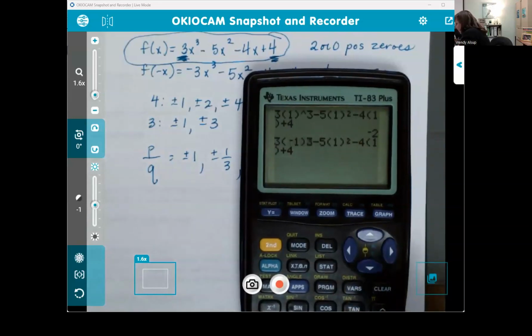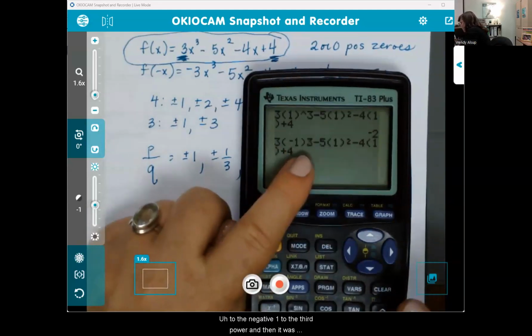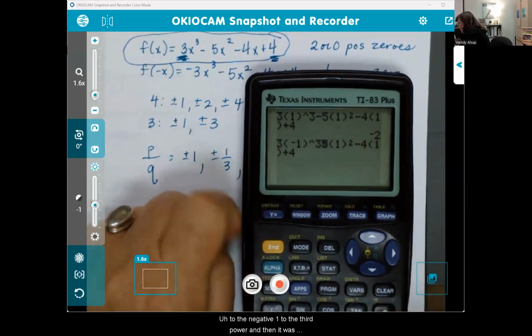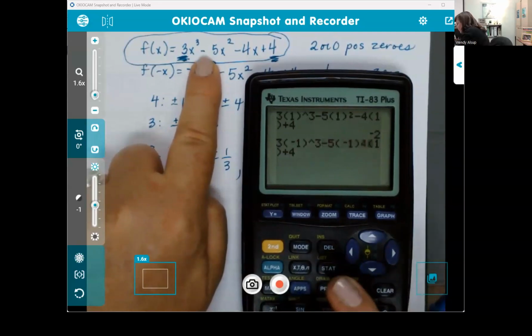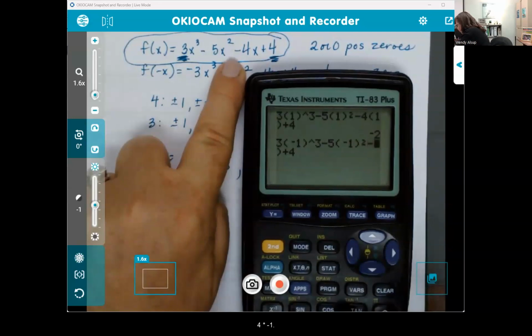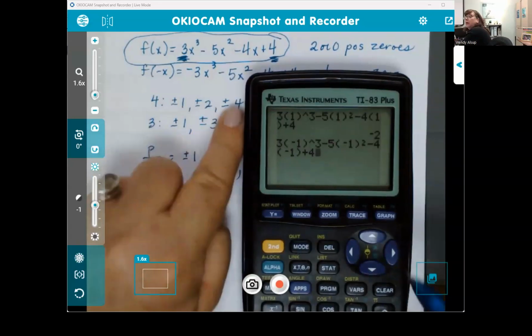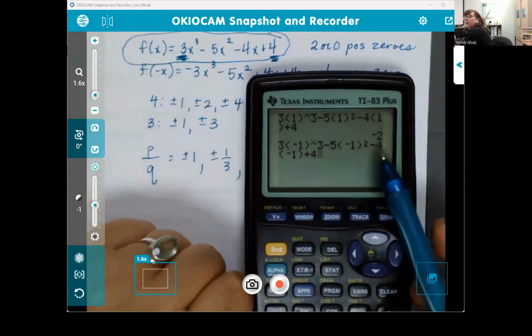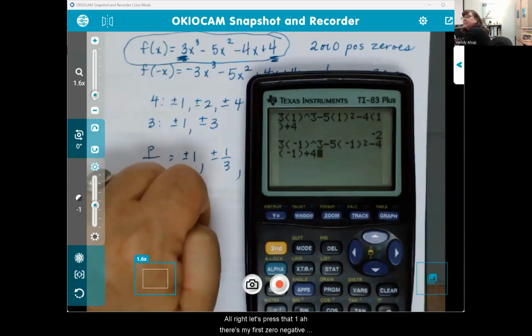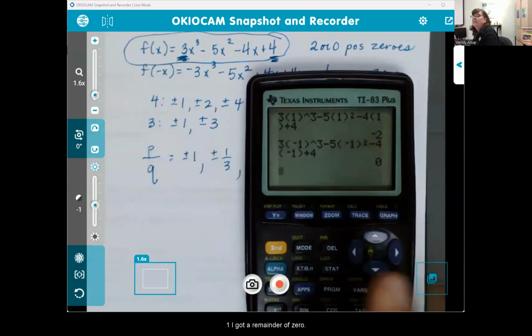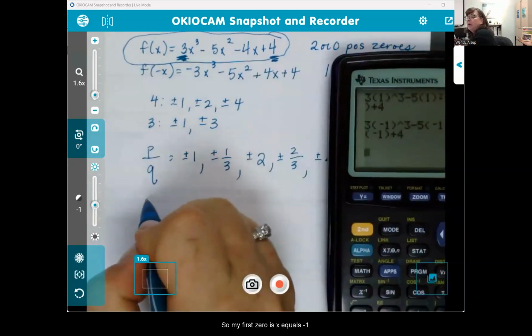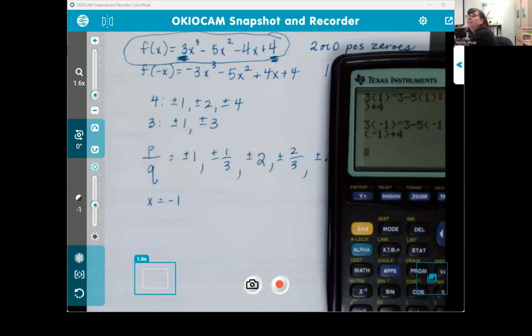So 3 times negative 1 to the 3rd power, minus 5 times negative 1 squared, minus 4 times negative 1, plus 4. All right, let's press that one. There's my first zero. Negative 1. I got a remainder of 0. So my first zero is x equals negative 1.